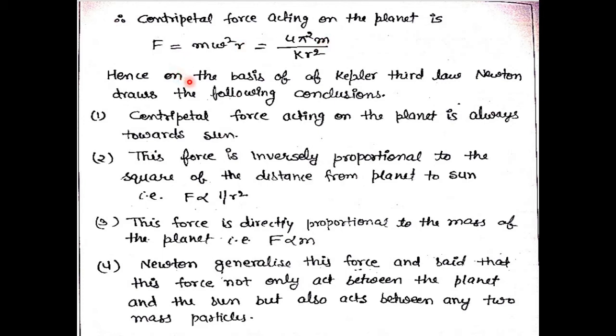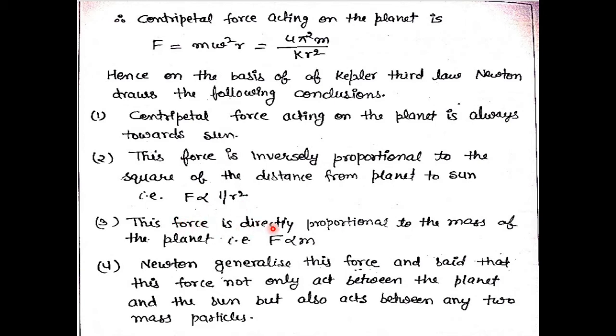Hence, on the basis of Kepler's third law, Newton drew the following conclusions. What are the conclusions? First, the centripetal force acting on the planet is always towards the Sun. Second, this force is inversely proportional to the square of the distance from the planet to the Sun, meaning F is proportional to 1 upon r square.